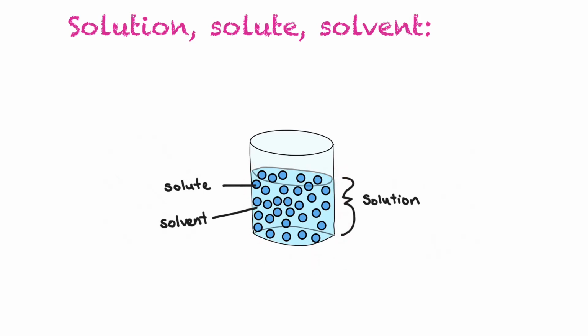Most of our solvents in our chemical reactions will be water, but a solvent could be many different chemicals. Our solute will be whatever we're dissolving in it. So if we had a saltwater solution, our solvent would be the water and our solute would be the salt, and all together it would make up the salt solution.